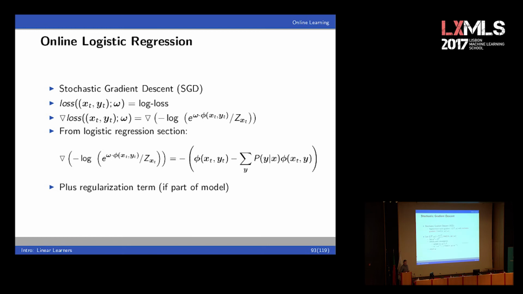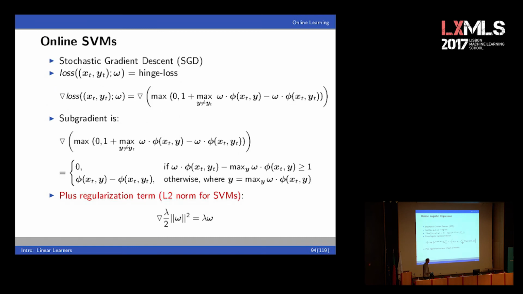So again, what are the online learning algorithms? This would be online logistic regression, by just plugging in the gradient of our logistic regression function evaluated at one example, xt, yt. Then online support vector machines.